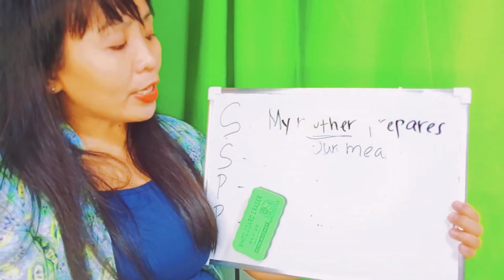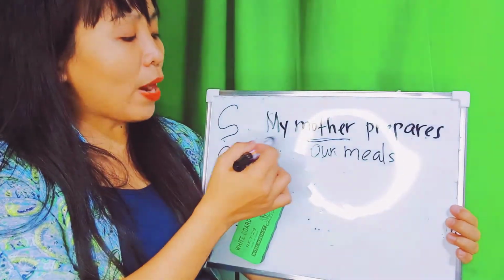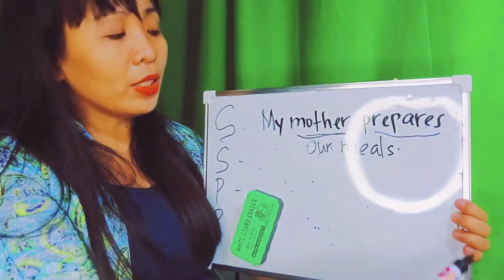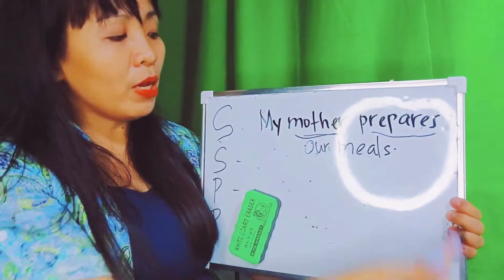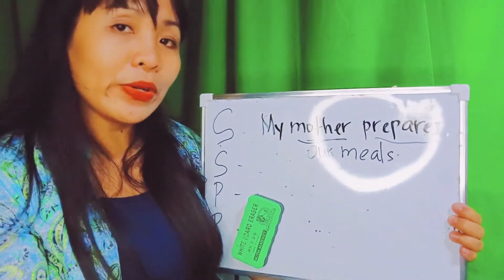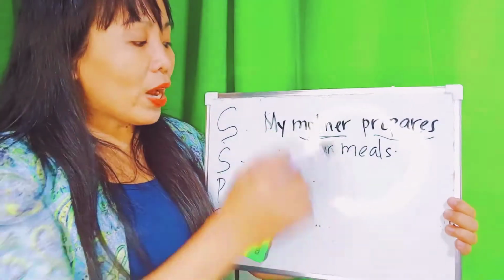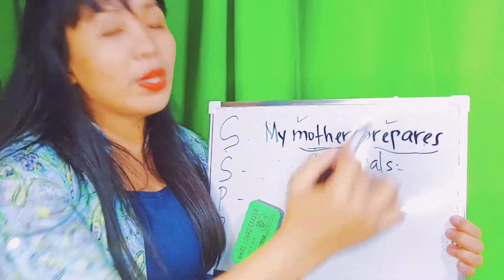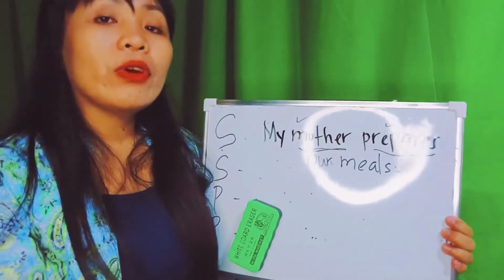If you're going to ask for the complete subject, it will be my mother. And then the verb or predicate is our verb, prepares. The complete predicate is prepares our meals. And then we use the proper punctuation, which is a period, right? So we have the subject, check, the S, the P, and the other P. So over here, we do have the correct sentence.